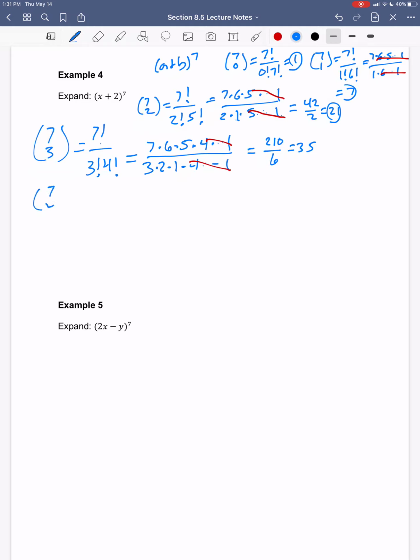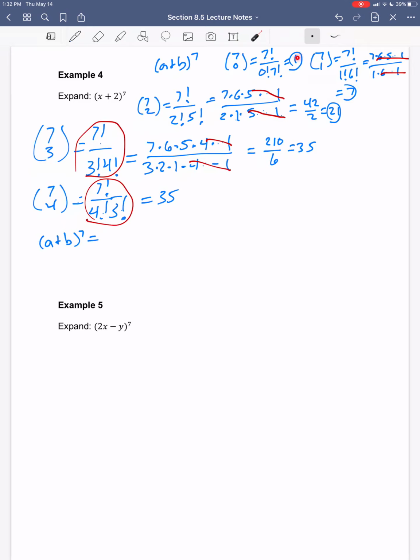When I do 7 choose 4, and you should keep in mind, eventually I'm going to start getting repeats here, and this is where it happens, right? That's the same as that. So that's also 35, and I've started repeating. So if I had just a plus b to the 7th, I start out with 1, and then 7, and then 21.